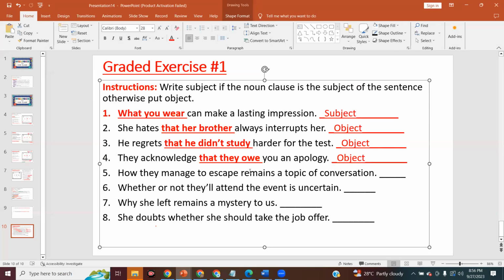How they manage to escape remains a topic of conversation. What is the answer for that one? Object or subject? What is it? Subject. Very good. How they manage is the subject.